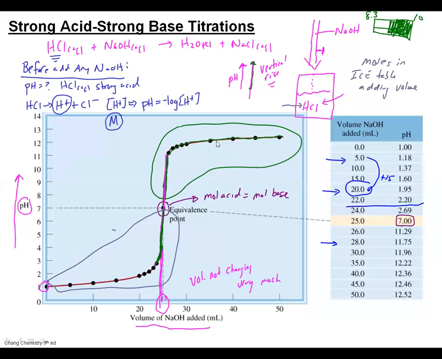In this situation, much like the picture in the top right shows, we have sodium hydroxide, the strong base, up in the burette. In the flask or the beaker, we have our strong acid. The example we looked at was hydrochloric acid, and we would be adding the strong base to the strong acid and doing our titration.